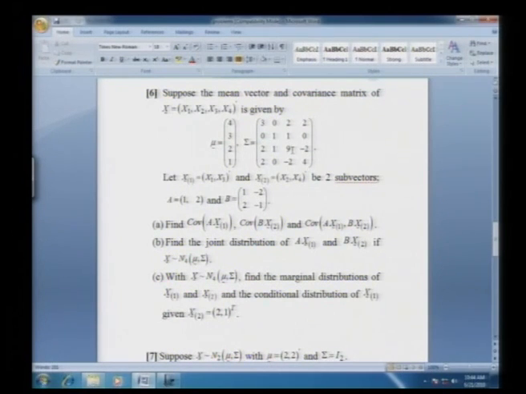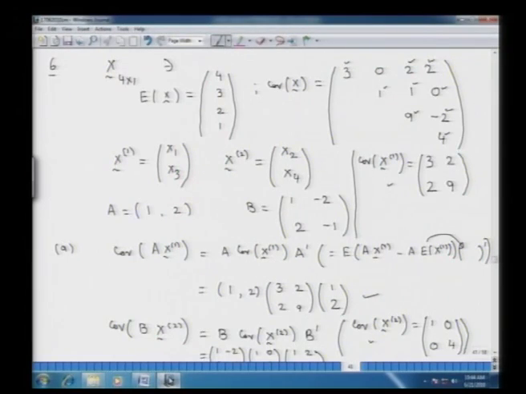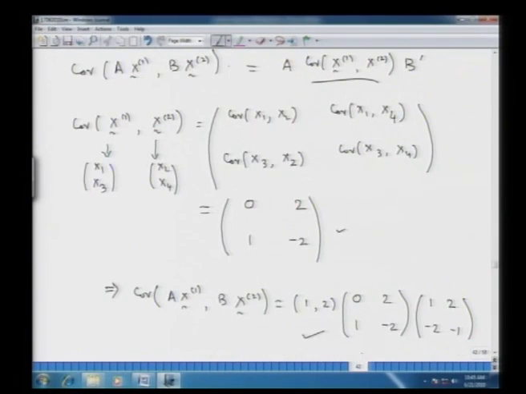We had completed part A of this problem, that is, we had looked at the covariance of AX1 derived from that multivariate vector, and the covariance of BX2, and also further we had found the covariance between the two components AX1 and BX2.